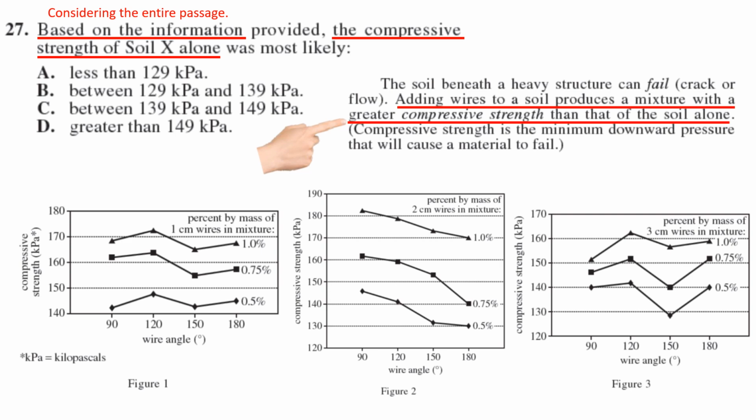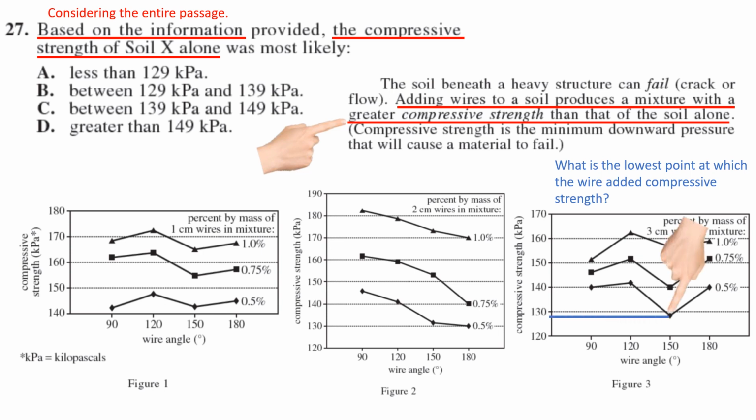So what we want to know is, what is the lowest point at which the wire added compressive strength? So we have to look at all three figures and see the lowest point, and we see that in figure 3. And so when you add the 0.5 wire, it gives that about 129 is where that is. So that means soil alone will be less than 129. So your answer has to be A.